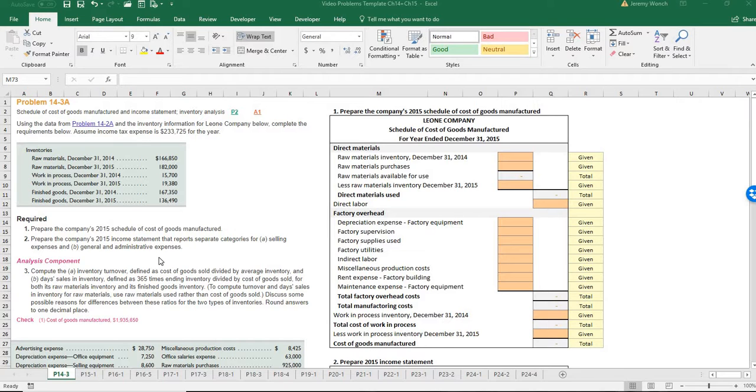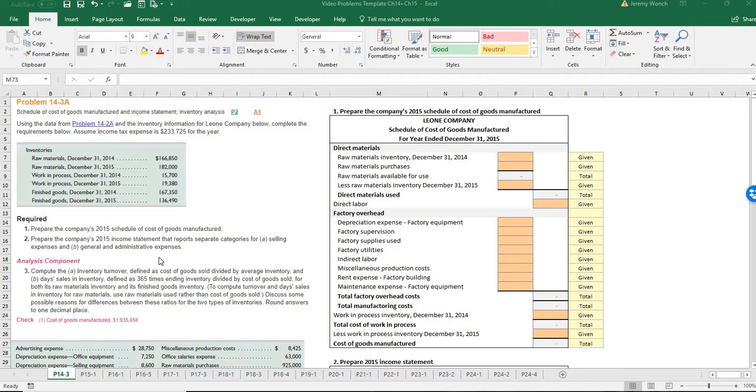Before we jump in, I just wanted to touch base at a real high level on what we're going to focus on in this class. You guys just finished up with financial accounting, where you're learning to do journal entries and prepare financial statements. Your audience in financial accounting is people outside the company: shareholders, creditors, potential investors.